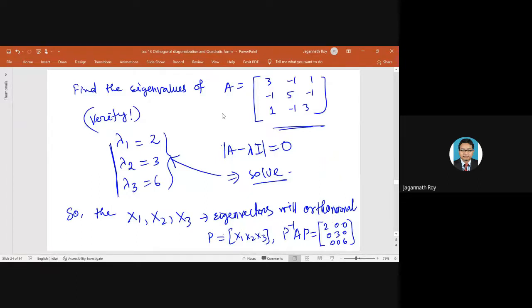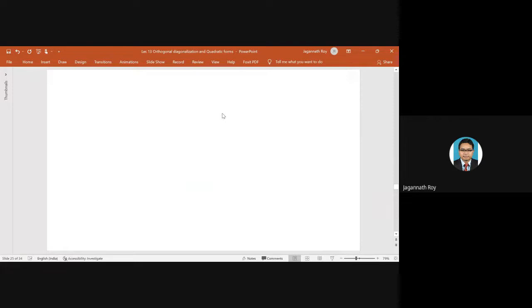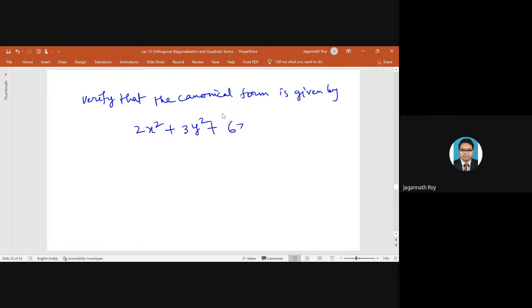That's an easy task. You can verify that the canonical form is given by 2x square plus 3y square plus 6z square. So this is our canonical form.